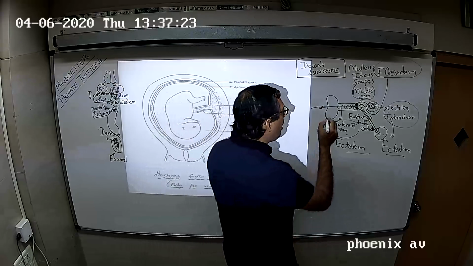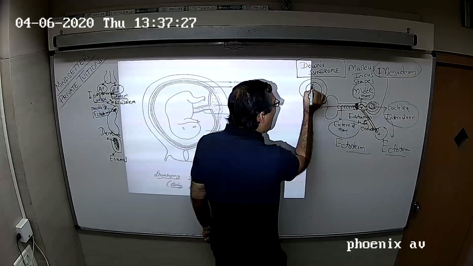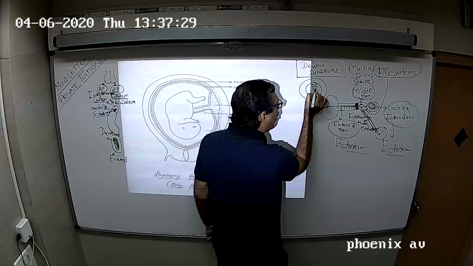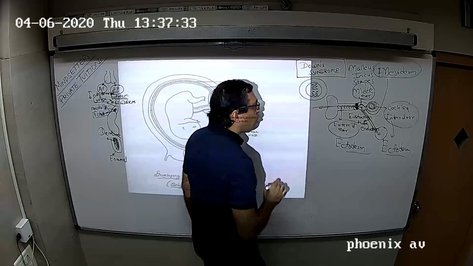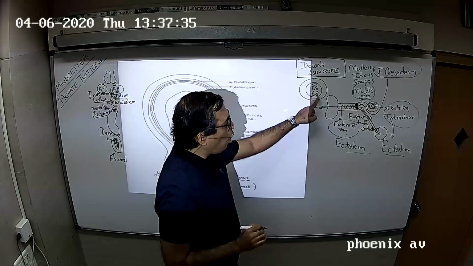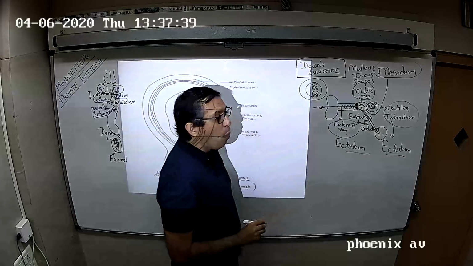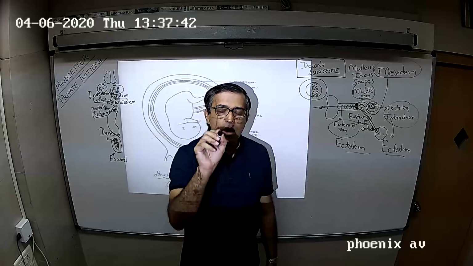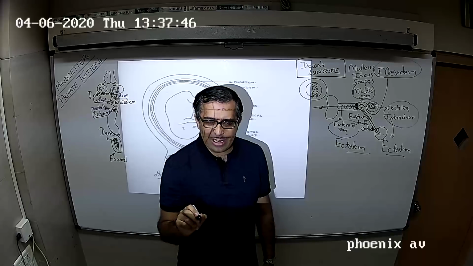And Down syndrome में होता क्या है? Sir, in a cell we have 22 pairs of chromosomes. एक सेल में हमें 22 pairs of chromosomes होते हैं, that is autosome, and one pair of sex chromosome, X and Y chromosome. So sir, we have 22 pairs of autosome, X and Y sex chromosome.